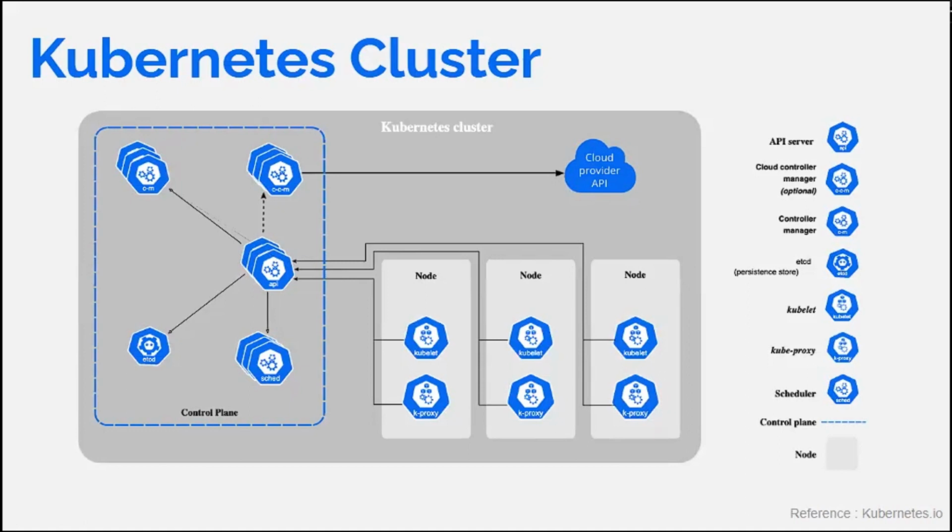In that blue dotted line square, you can see the control plane, right? In the control plane, we have master nodes. A node is also a computer, which is a VM. The control plane is running on computers, which are VMs.